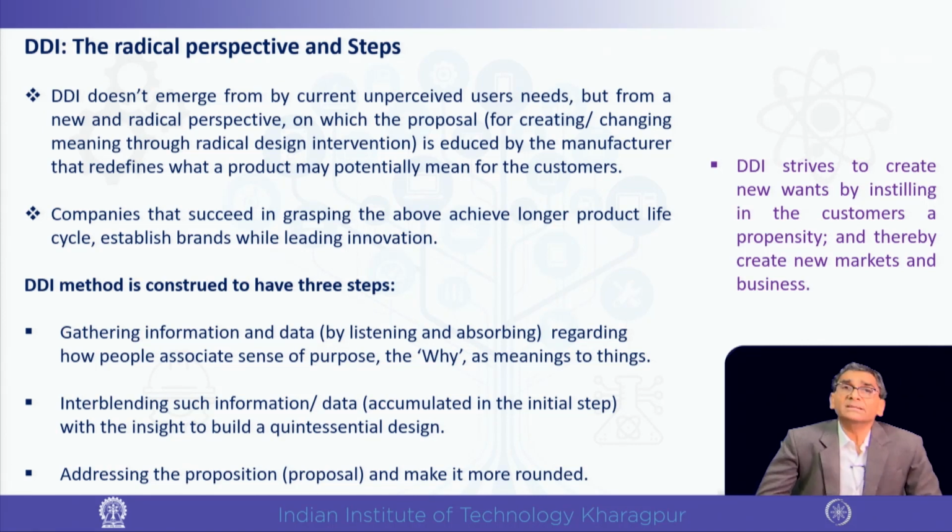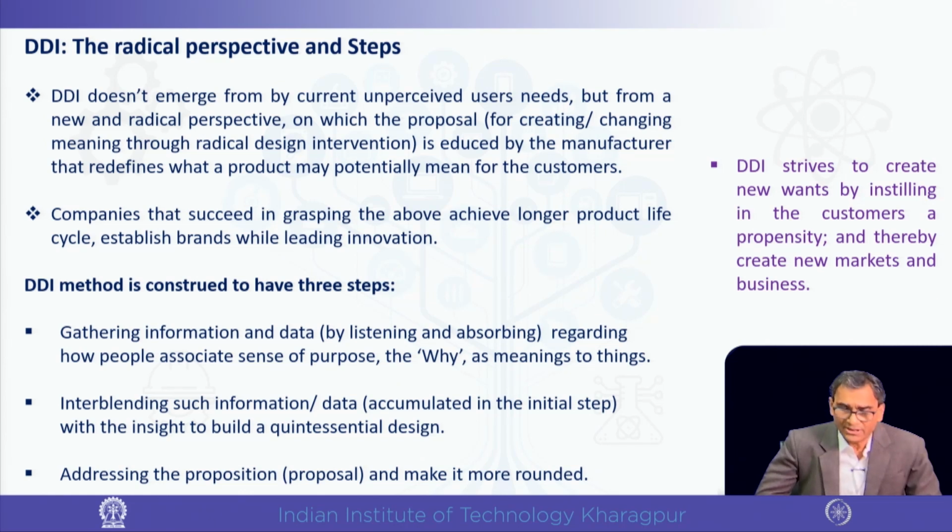Now, the DDI method has three steps. First is gathering information and data by listening and absorbing regarding how people associate the sense of purpose, what it actually has to do, why they will hire the product to get the job done, or as meaning of things. This is called meanings of things.